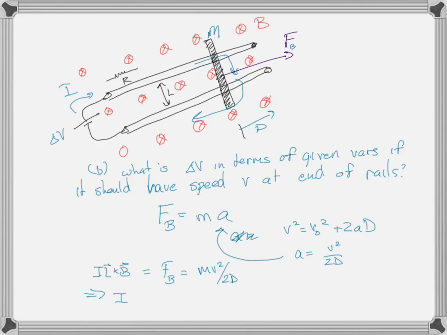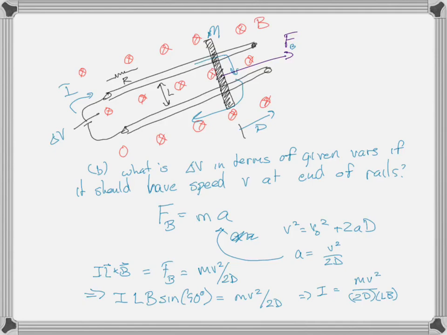And the current only goes through a distance L. So that's L and B, and the angle between I and B is 90 degrees. So ILB sine theta is the force, which we already found through kinematics and Newton's second law was mv squared over 2d. So therefore we can solve for current. I is equal to mv squared over 2d times LB.